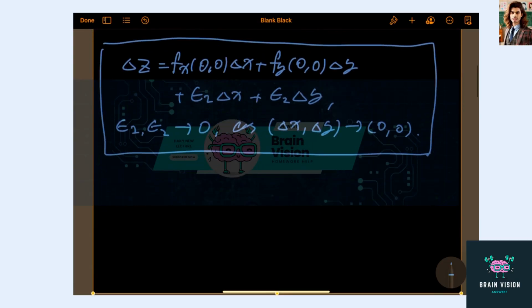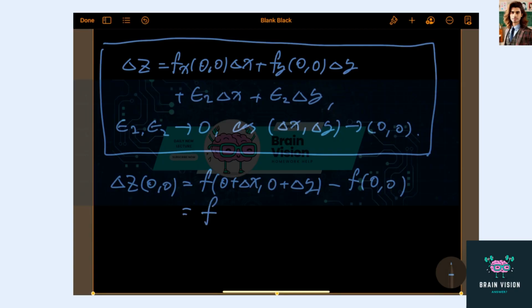So let's first find the expression of delta z in terms of the function f. Delta z at the point (0, 0) is just equal to f at (0 plus delta x, 0 plus delta y) minus f of (0, 0), which is just equal to f at (delta x, delta y) minus f at (0, 0).